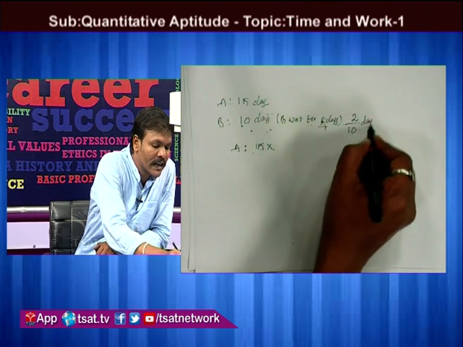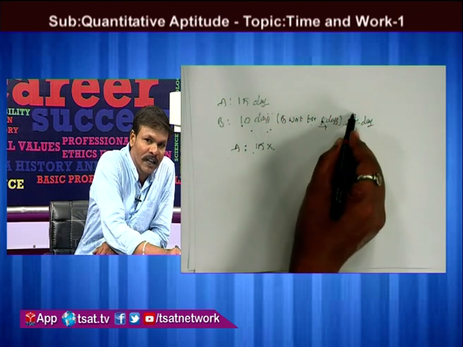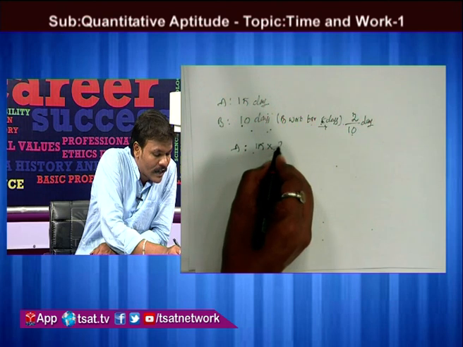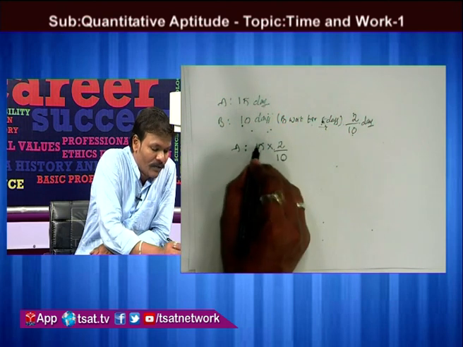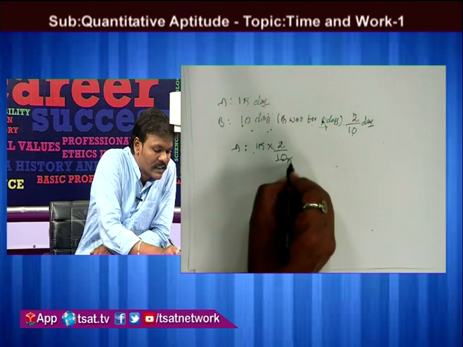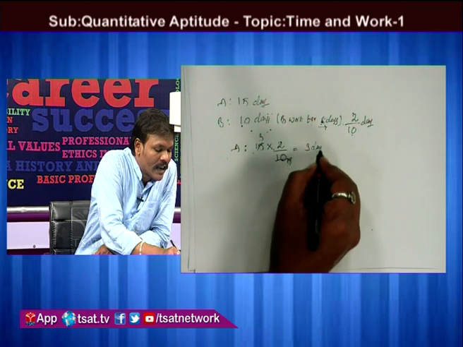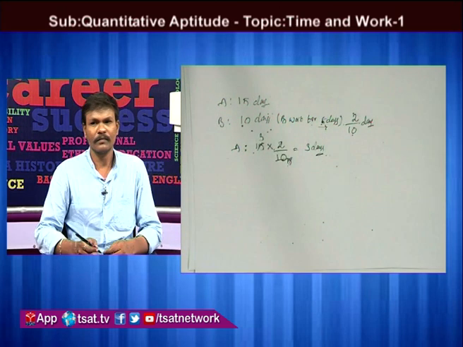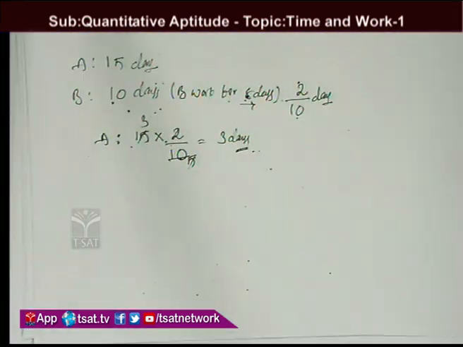So 2 by 10 of the work is the remaining work, for A's 15 days. So, 2 fives are 10, 5 threes are 15. So, A alone completes the remaining work in 3 days. So, the concept is B can do a piece of work in 10 days, but he worked for only 8 days.